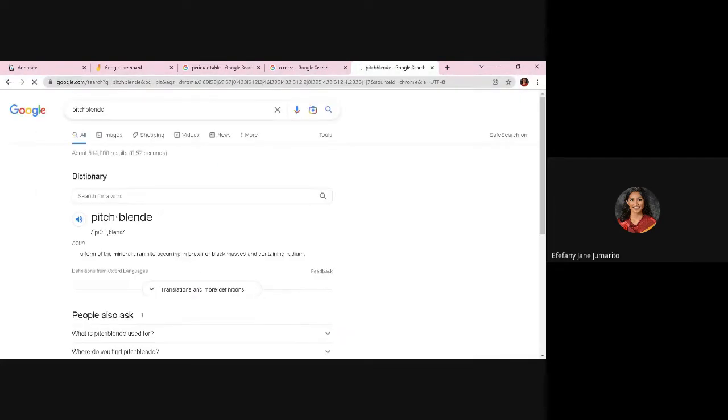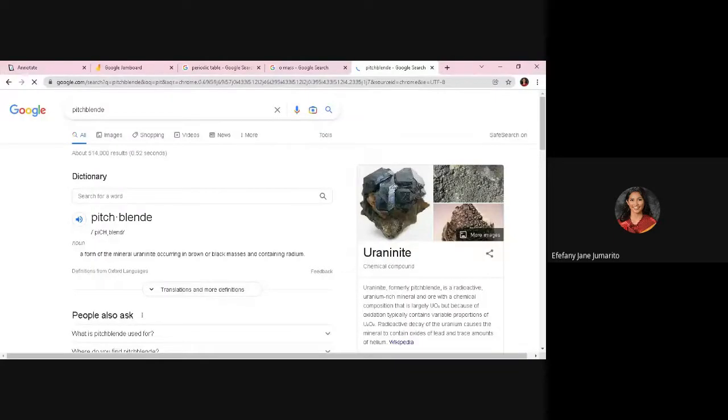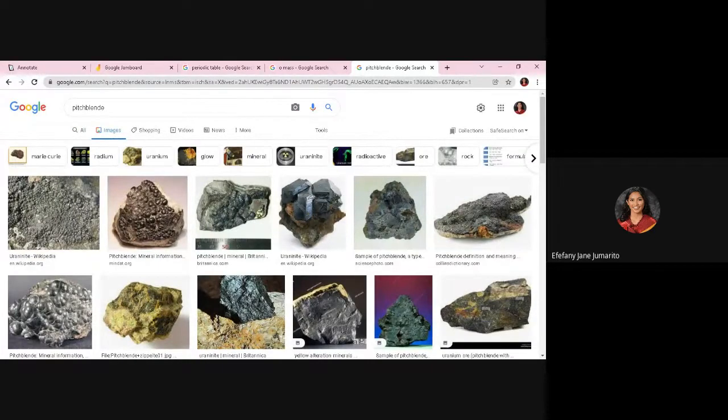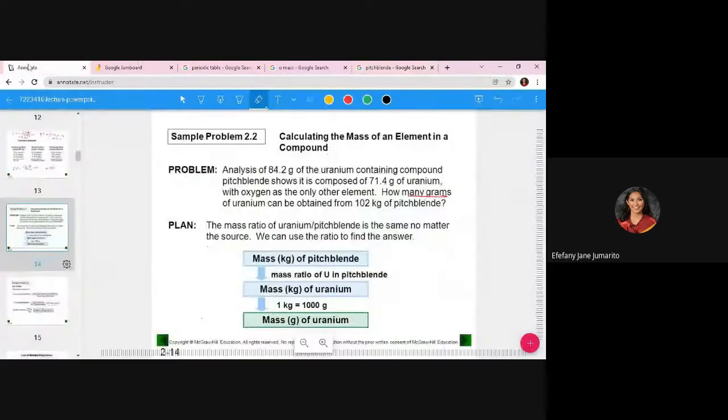Okay, so we have pitch blend. Ang nado niya, it is only composed of uranium and the rest is oxygen.